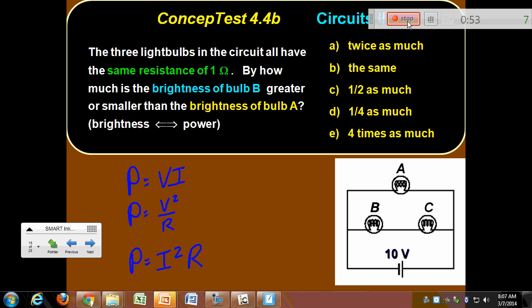You first might want to ask yourself, is bulb B brighter or dimmer than bulb A? And then you can get rid of some answers.